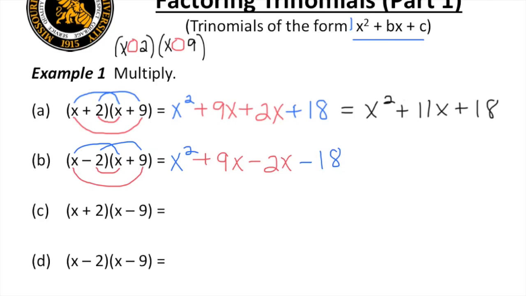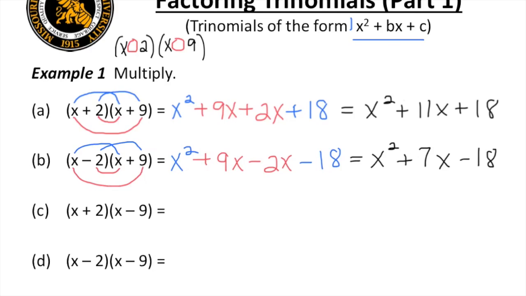When we combine like terms, we have x squared plus 7x minus 18. Now we're beginning to see some differences between the results that we see in A and B. But before we try to generalize, let's continue the multiplication process.